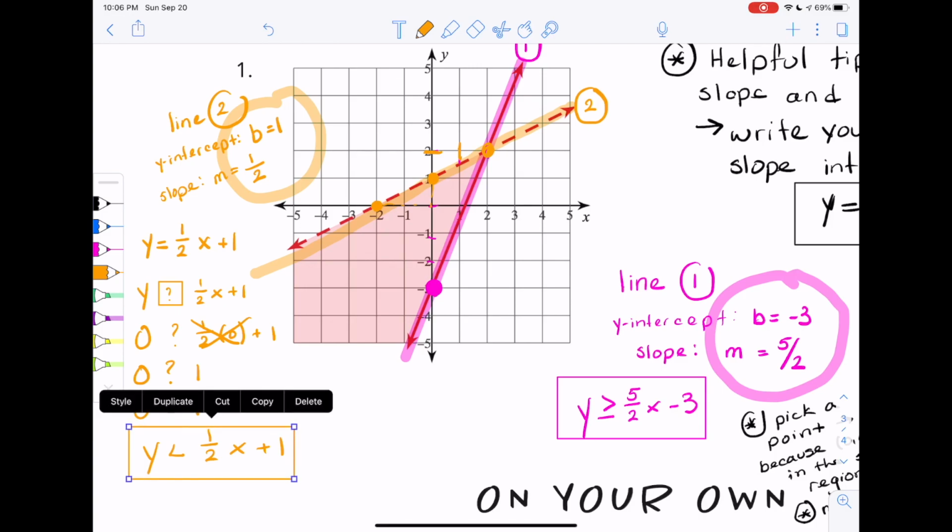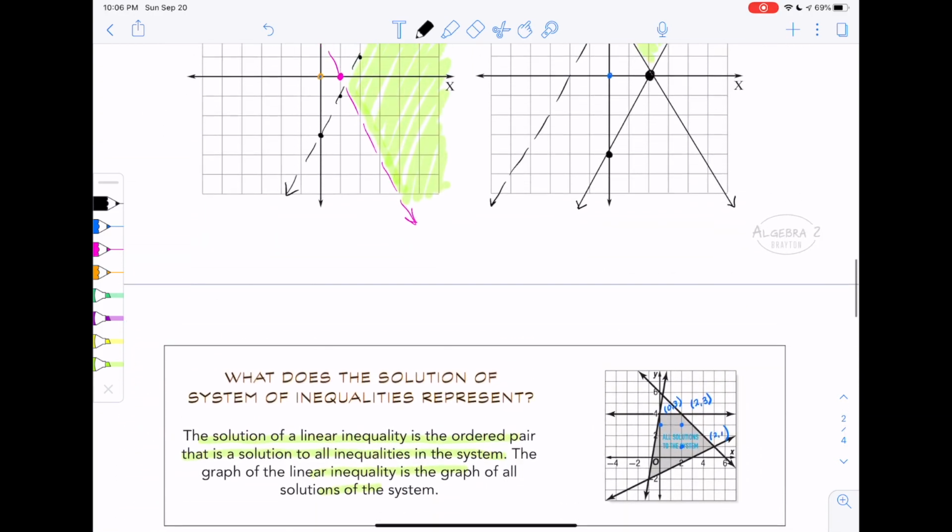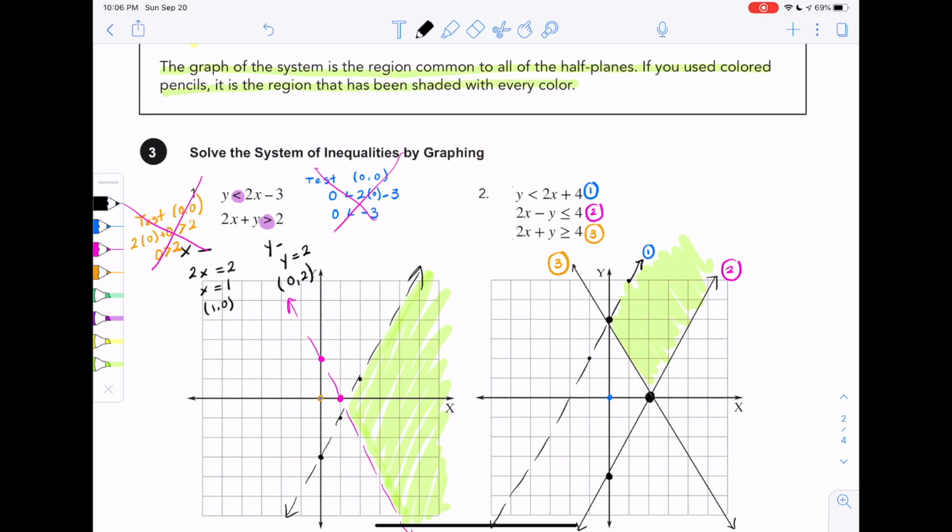All right, and when you write your final solution, or final system of inequalities, you should write them listed together. That's the correct way. So just to zoom out for a second and zoom over to the last problem, this right here is what a system looks like. It's three inequalities listed together.